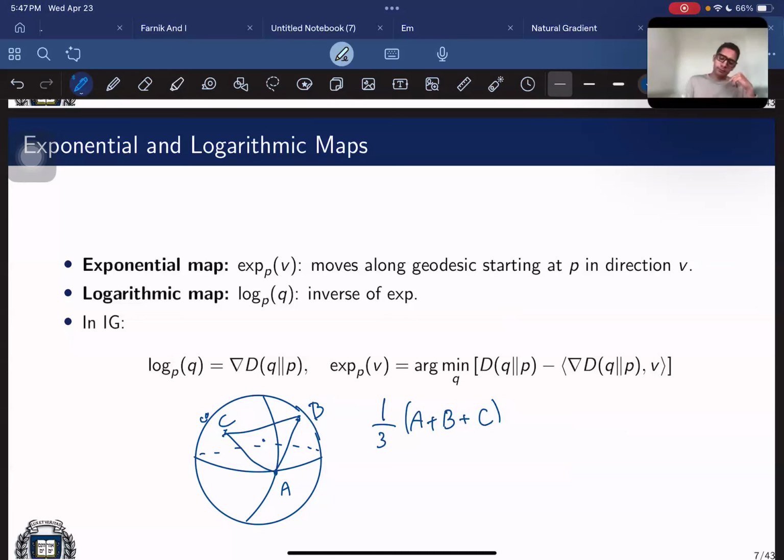For example, consider we want to define the exponential map.